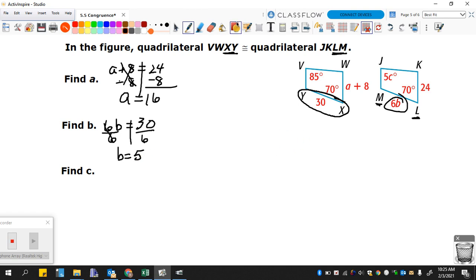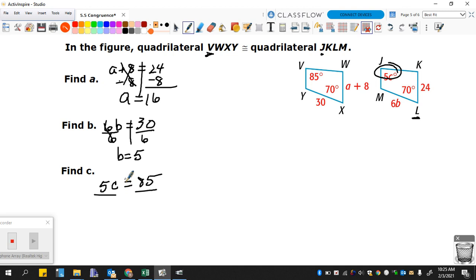The very last one says find C. C is right here, angle J. J is the very first letter, and it corresponds with V. V is 85, so we have 5C is equal to 85.